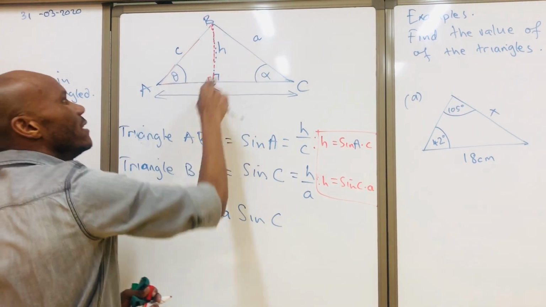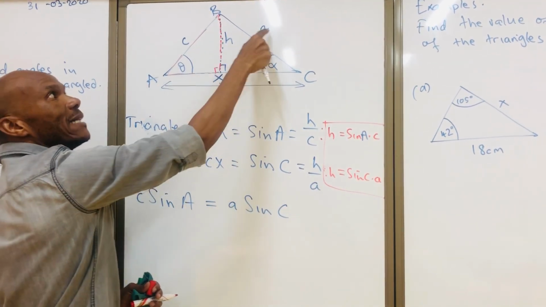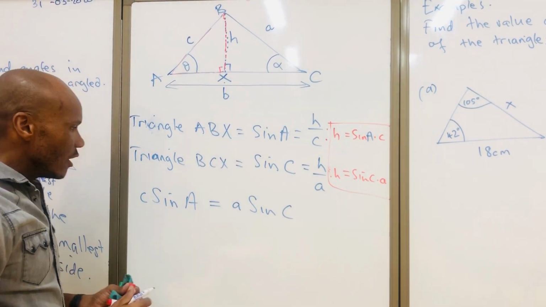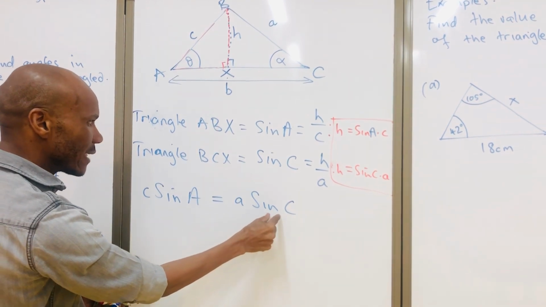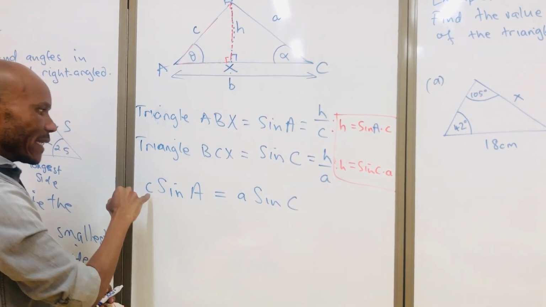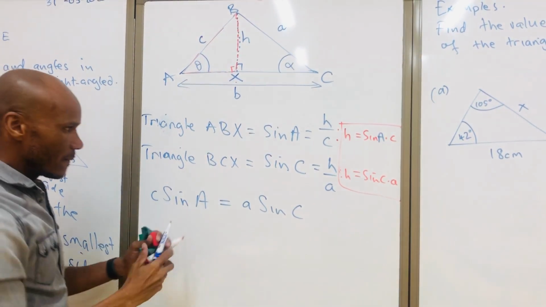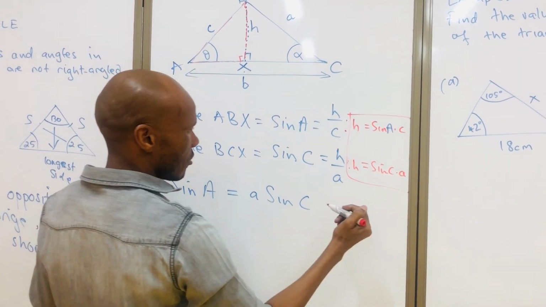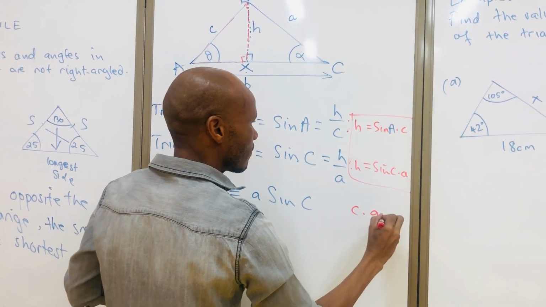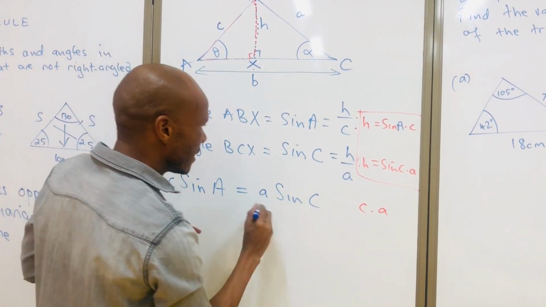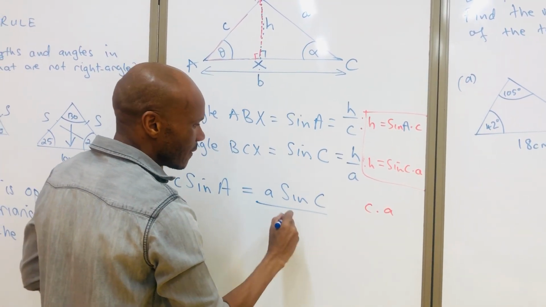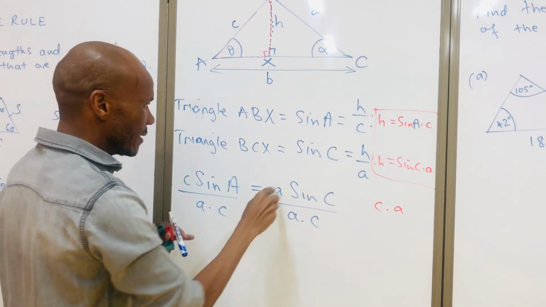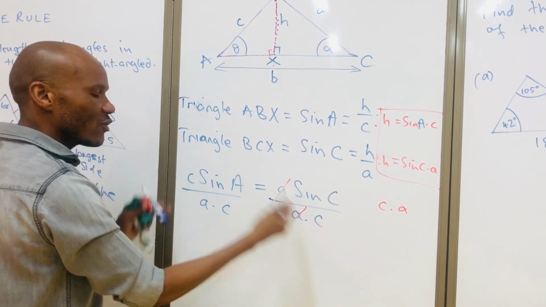Remember that we said the angle and the opposite side have a relationship. We want to maintain that relationship. So how can I make sine C relate to side c? Let's divide by CA on both sides, and you are going to cancel those. You're just trying to rearrange, right?